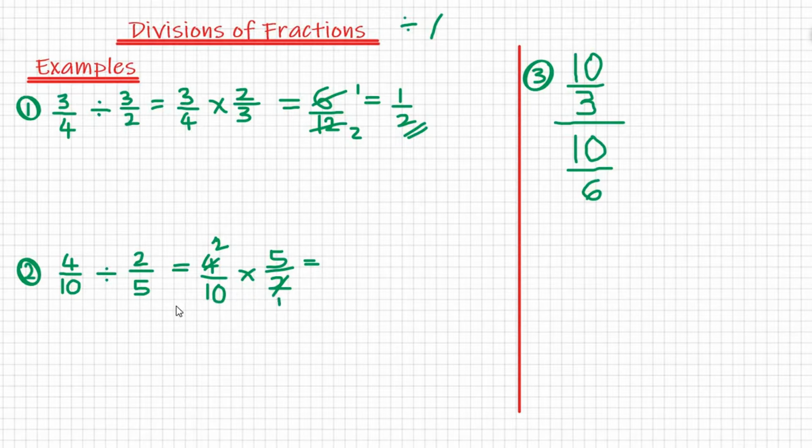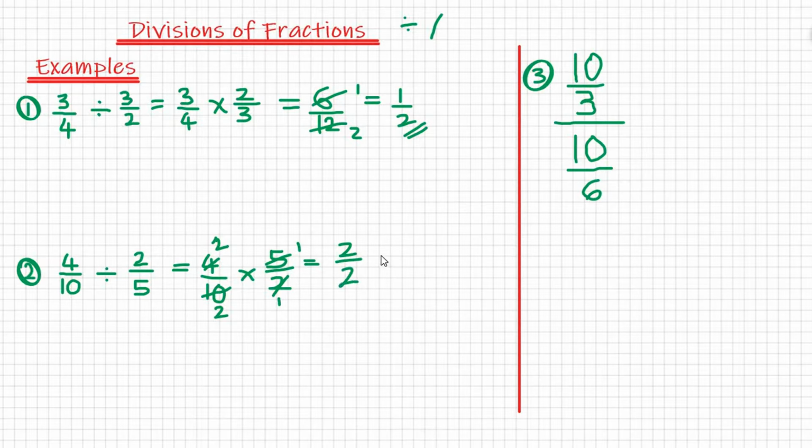It's not crossing like this, or across the numerator or denominator. So I can cross from here to here. For example, 5 here 1, I will come down, 5 here 1. So we have 2 times 1, 2, over 2 times 1, 2.